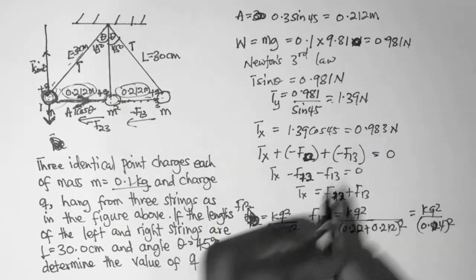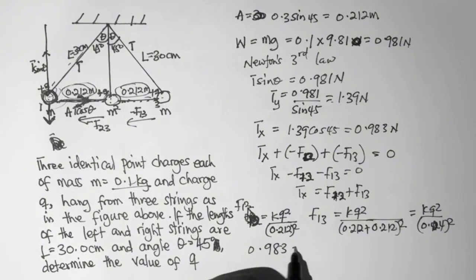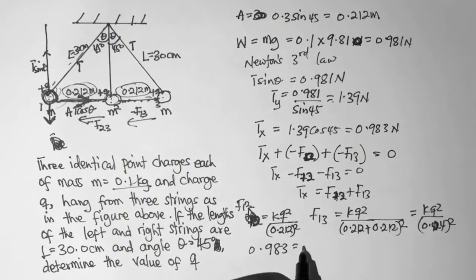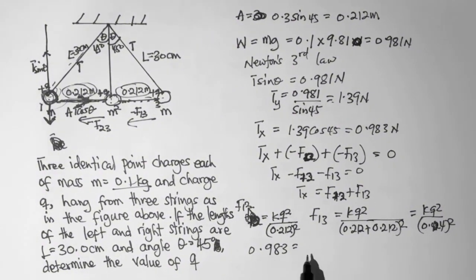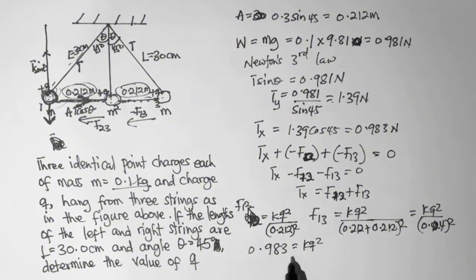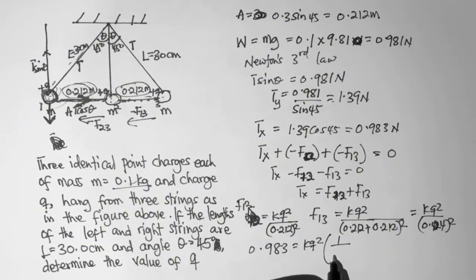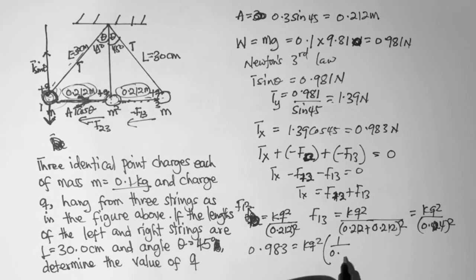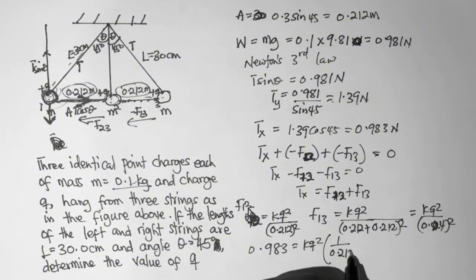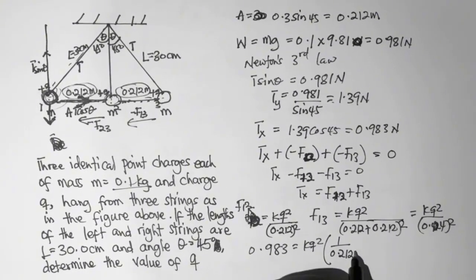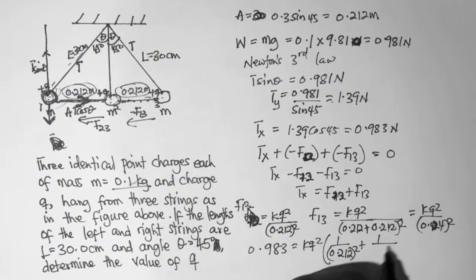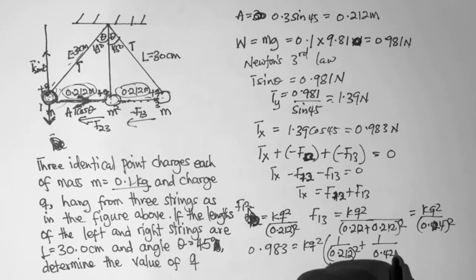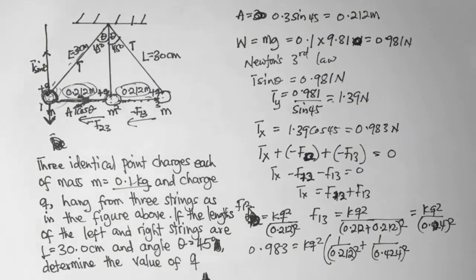We got Tx as 0.983, equals K, and we are factorizing KQ squared out. So this would be 1 divided by 0.212 squared plus 1 divided by 0.424 squared.